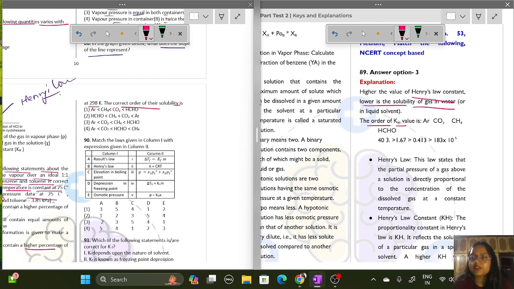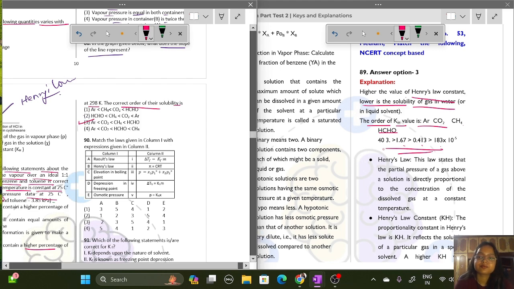So we only have to find out the order of KH values. Ar will be greater than CO2, then CH4, then HCHO. Which means option number 3 will be the correct option.